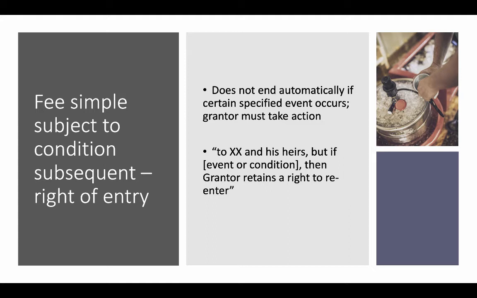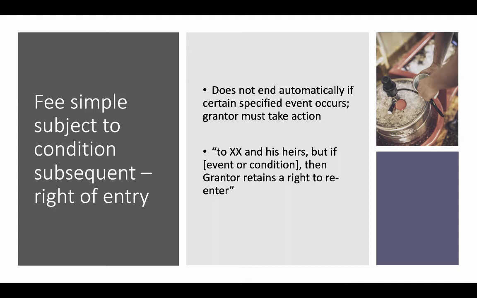So if they don't want to take the land back, they can simply allow the grantee's interest to continue. Here's an example using Fred and Barney still. Fred gives an acre of land to Barney so long as the land is used to grow corn. It's a fee simple determinable. If Barney ever uses the land for something other than growing corn, the land automatically reverts back to Fred.